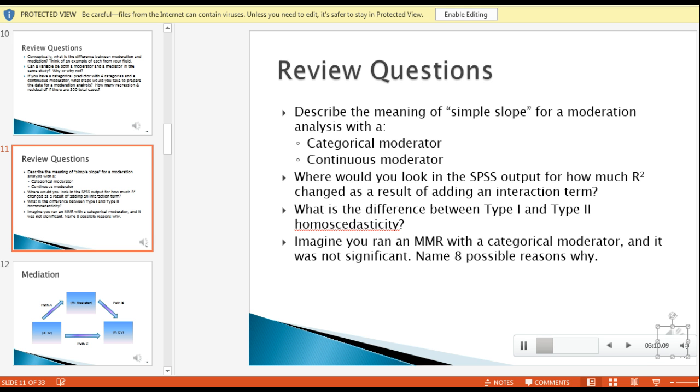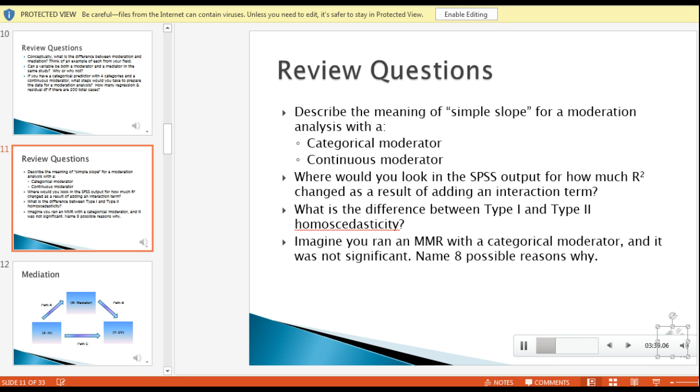So type 2 homoscedasticity only is an issue when we have a categorical IV or moderator. If we have 2 continuous variables interacting to impact the DV in some way, then we don't have to worry about this particular assumption. But type 2 is always the case when we have a categorical predictor that is interacting with a continuous one.